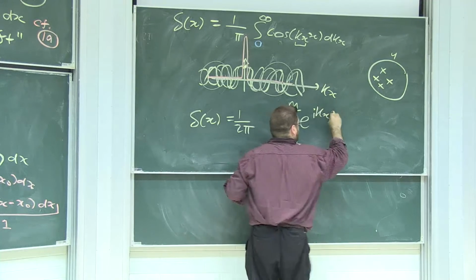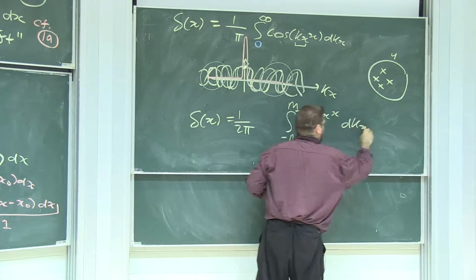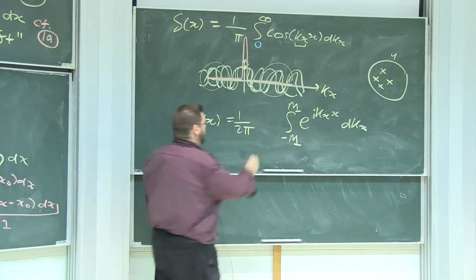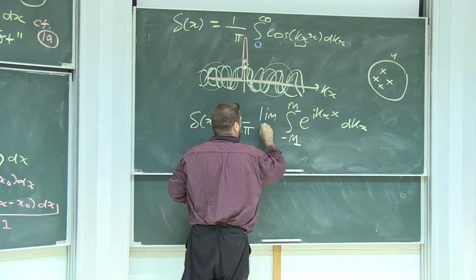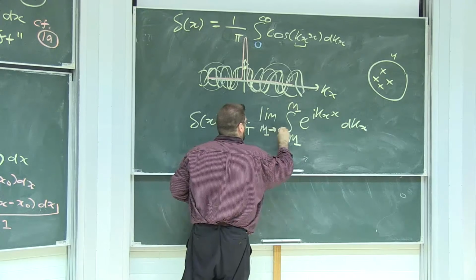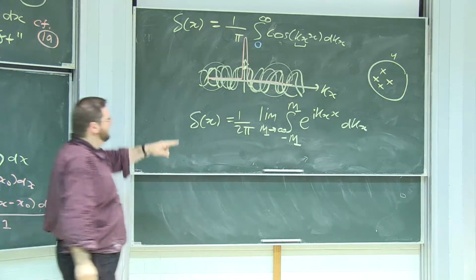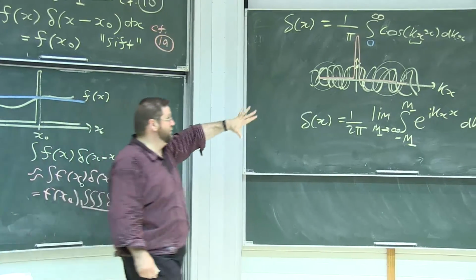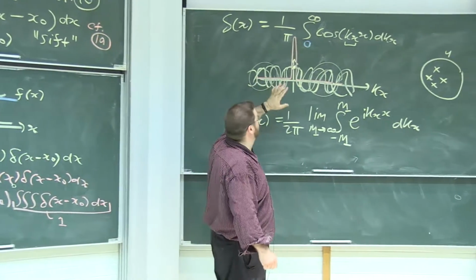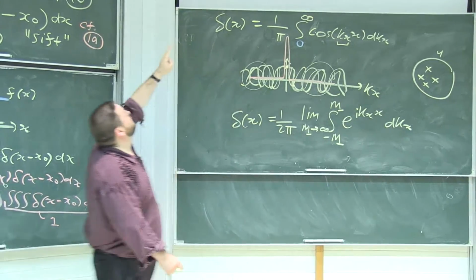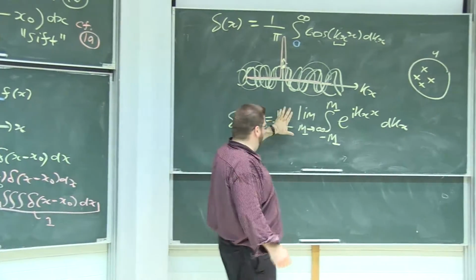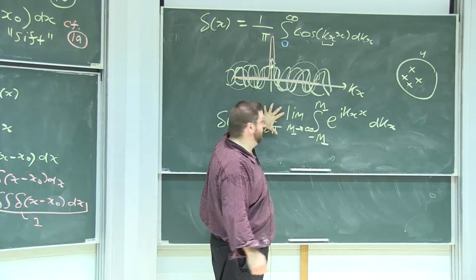So I've taken nothing more than the definition of the Dirac delta, which I'm trying to prove, and just said, let's have finite limits, which we're going to take to infinity. This integral is elementary. You can do it. We want to render precise what I've described here. We want to show that the equation at the top of the board is in fact the Dirac delta. This integral is elementary, so do it.